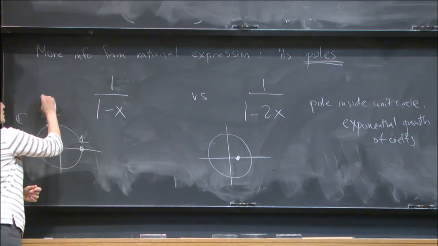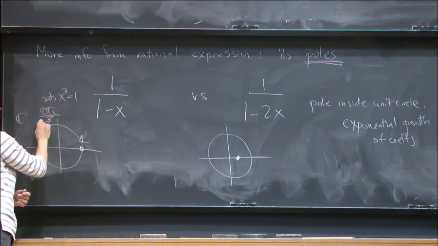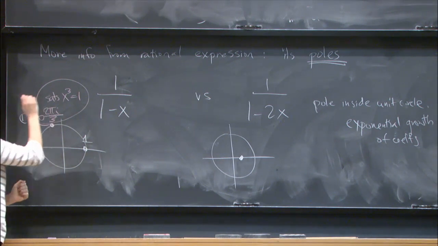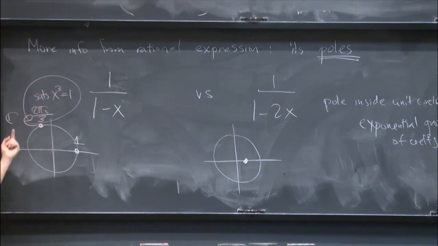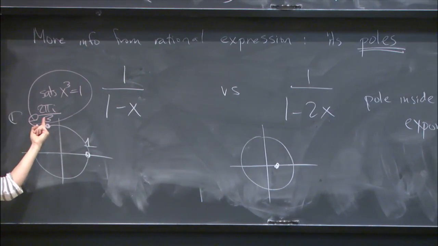This satisfies x cubed equals 1. These are called roots of unity, and the e to the 2 pi i over n are the primitive roots of unity.